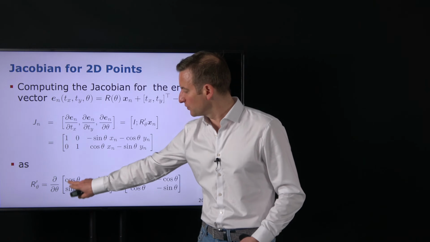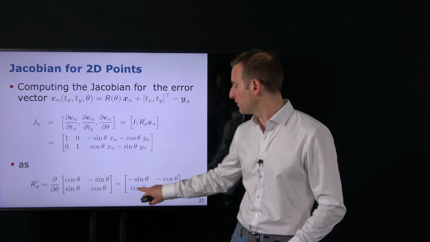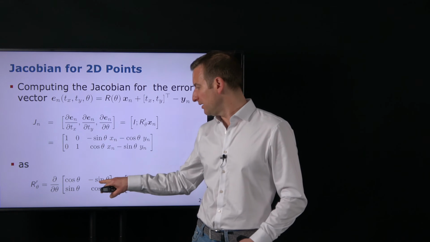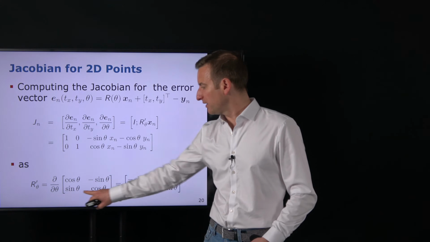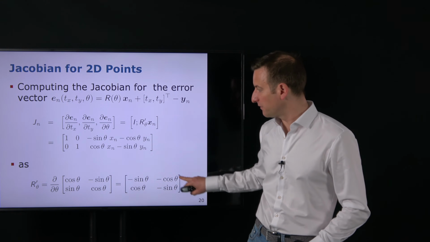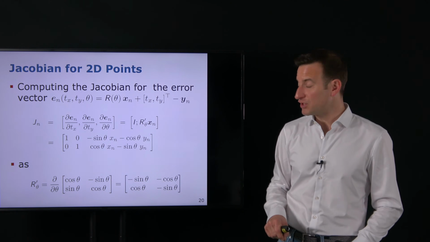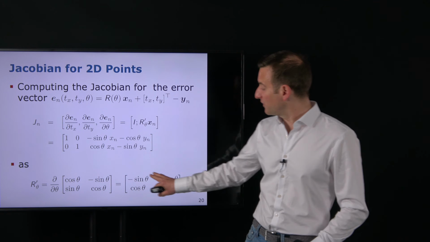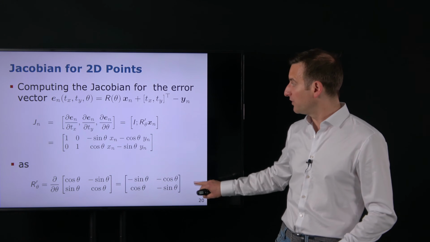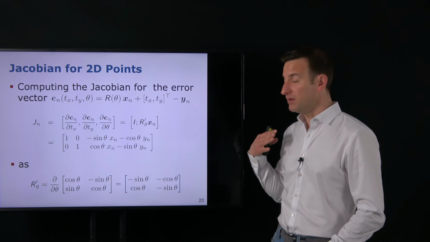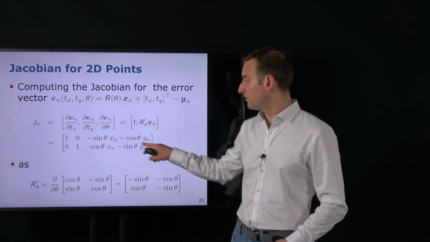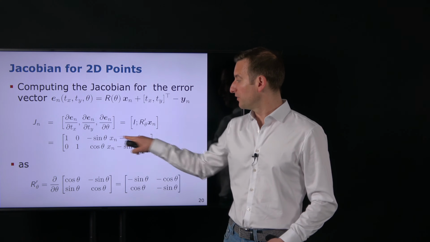That means this cosine theta turns into minus sine of theta, and the sine turns into the cosine, which you can see over here, and then this is the first derivative of our rotation matrix with respect to theta. So I'm just taking this matrix and multiplying it with xn, a 2 by 1 vector, which is the point coordinates of my original point set, and then this gives me this vector over here consisting of these elements.